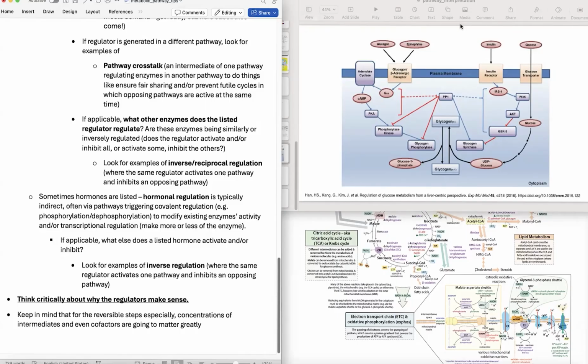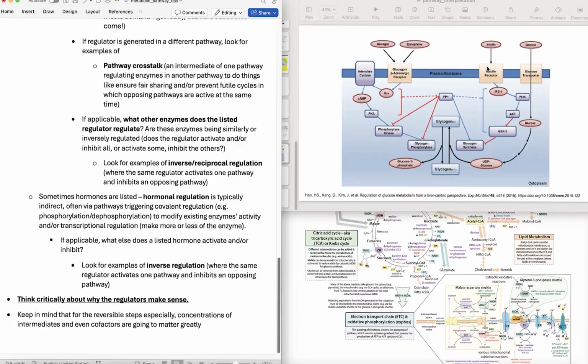And so what you could have is you have signaling cascades that are then going to lead to, say, activation of transcription factors to alter transcription, or that are going to lead to activation of kinases or phosphatases in order to actually go and alter the enzymes in a covalent manner, post-translational modification. So often phosphorylation, dephosphorylation.